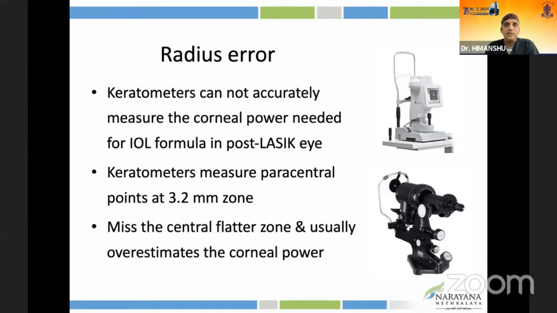In cases where the anterior surface relationship is altered, like LASIK, the keratometric values are falsely overestimated, because the measurement is done somewhere around a 3.2 to 3.5 millimeter zone, whereas the center of the cornea does not follow the same curvature. And hence we ended up with a hyperopic refractive error.